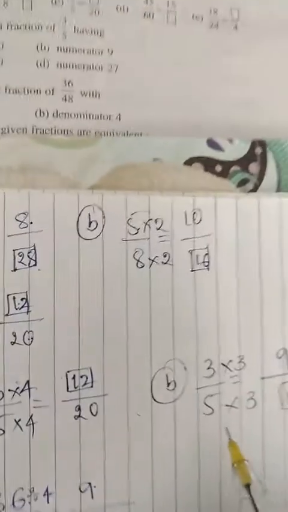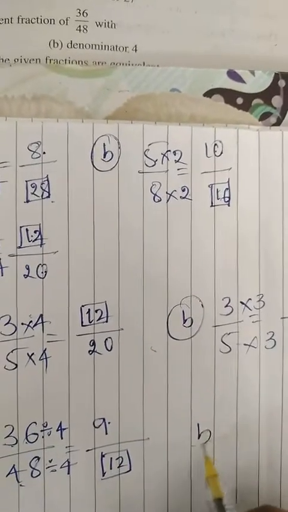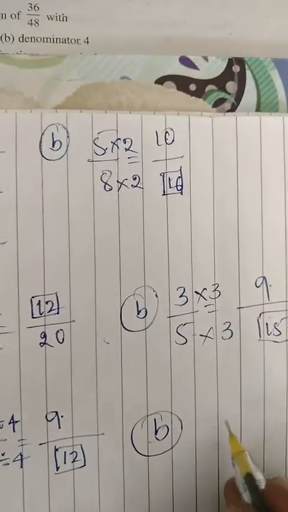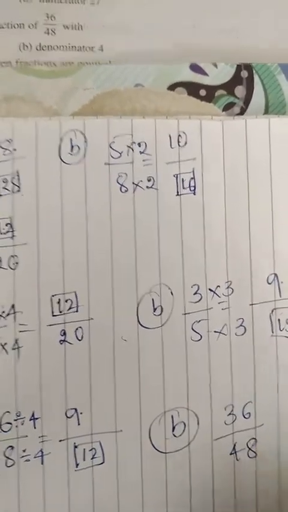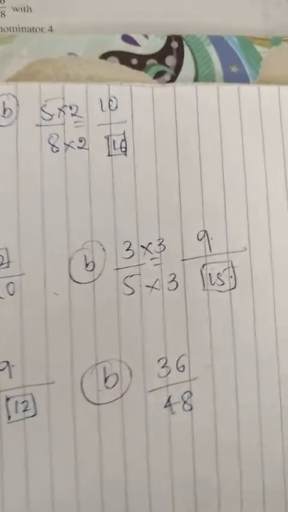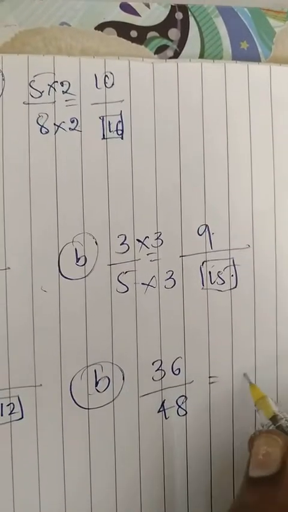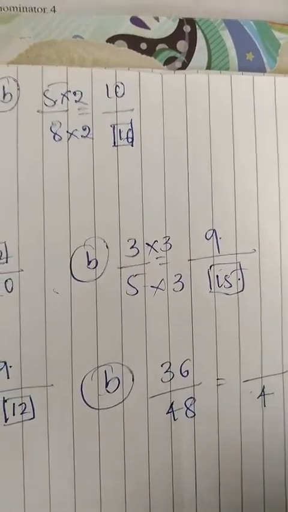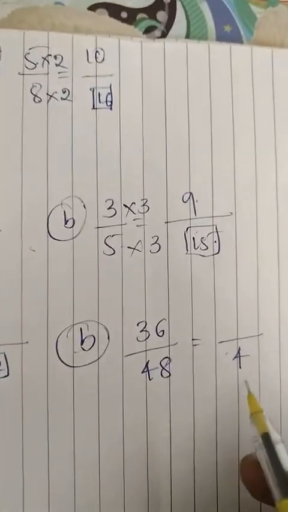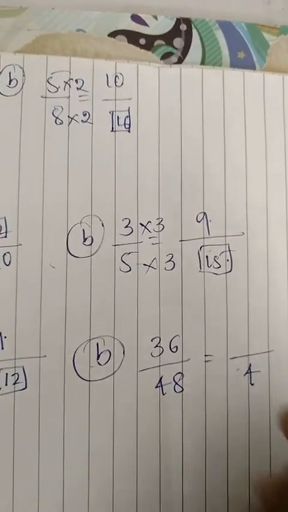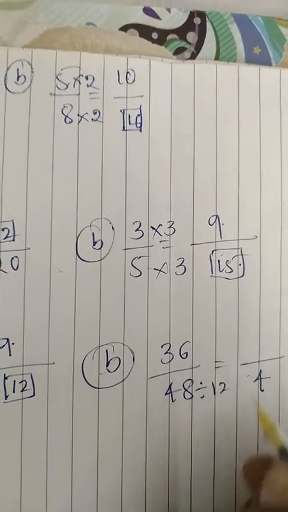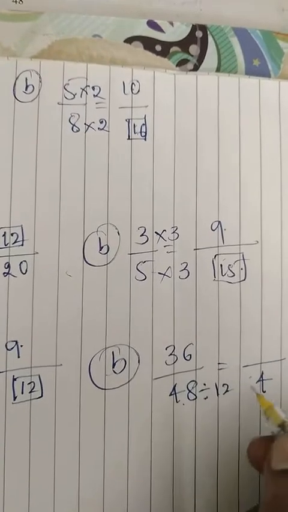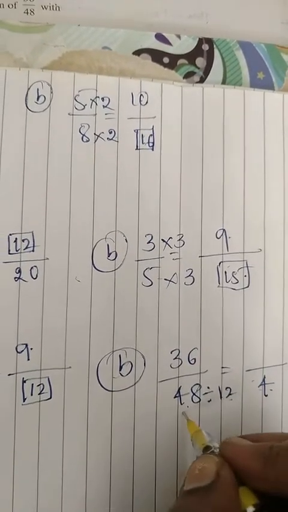Understand? See here B answer. B's question. They given denominator 4. Yes, 36 divided by 48 equal to something divided by 4. Sorry, they given denominator 4. Yes, 48 divided by 12. 12 4s are 48.